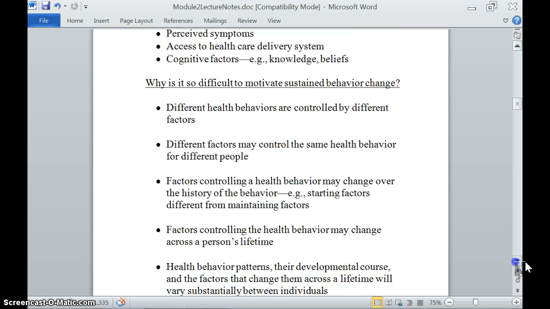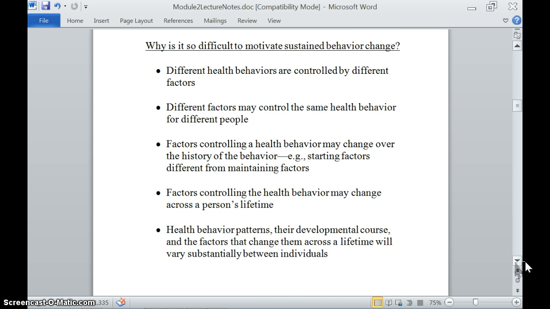The problem is, even if we know some of these factors, you have a list of 5 bulleted items here in terms of why it's so difficult to motivate sustained behavior change. Now, I'm not going to go over each one of these, but for example, just for the first one, different health behaviors are controlled by different factors.